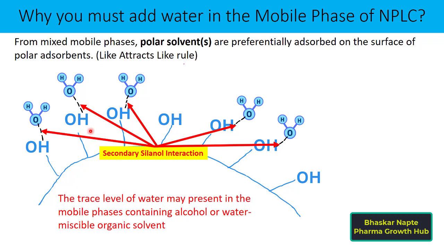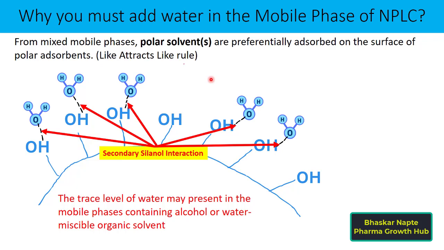So these polar solvents are preferentially adsorbed on the surface of the polar adsorbents. Why? Methanol, which is a polar solvent, gets preferentially adsorbed onto the stationary phase because our stationary phase is also polar in nature, like silica having hydroxyl groups. This is a very important rule to understand: like attracts like.